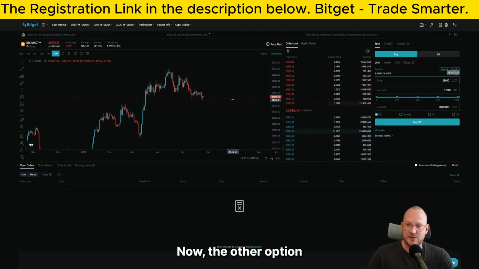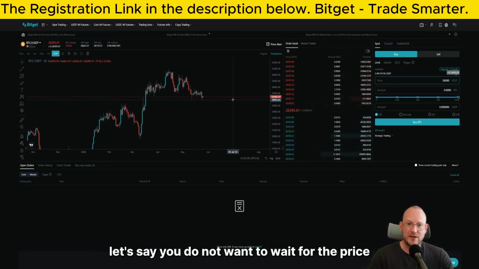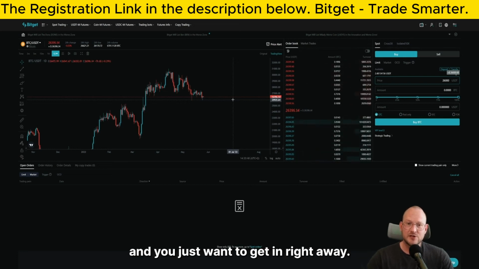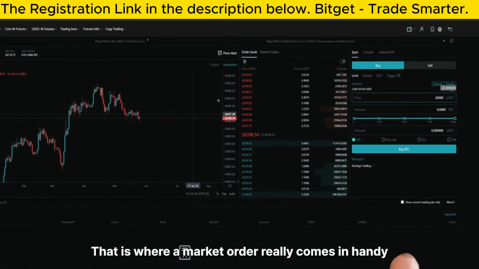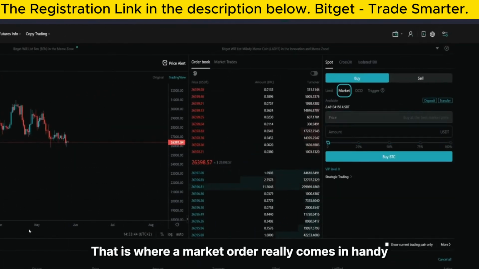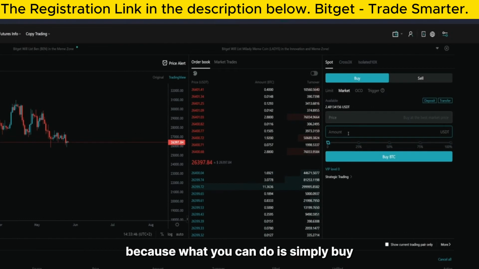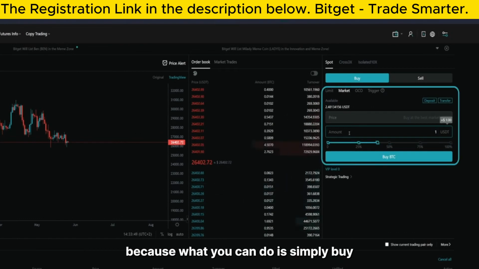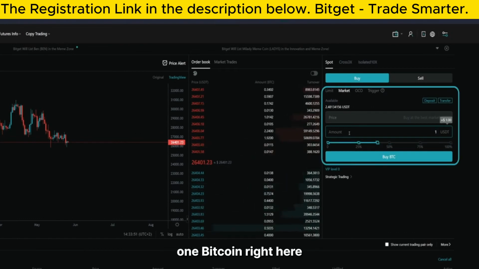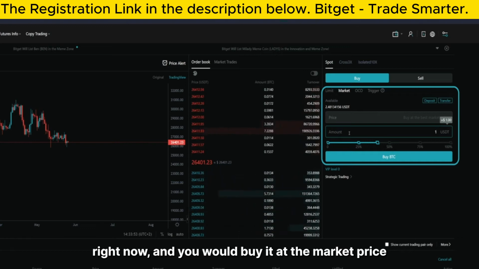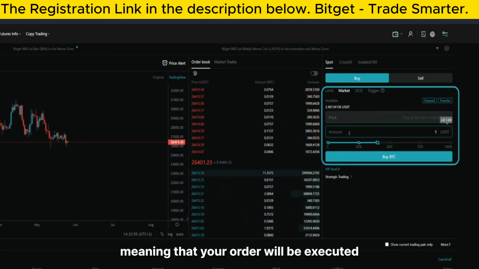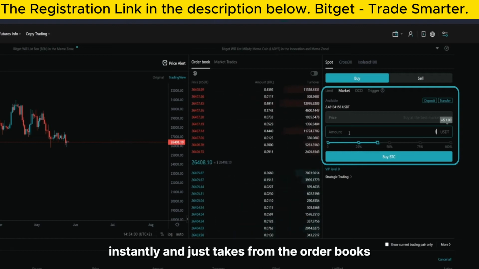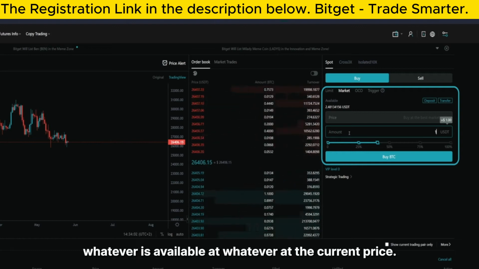Now the other option: let's say you do not want to wait for the price to come to that specific price point and you just want to get in right away. That is where a market order really comes in handy, because you can simply buy one Bitcoin right here, right now, at the market price, meaning that your order will be executed instantly and just takes from the order book whatever is available at the current price.